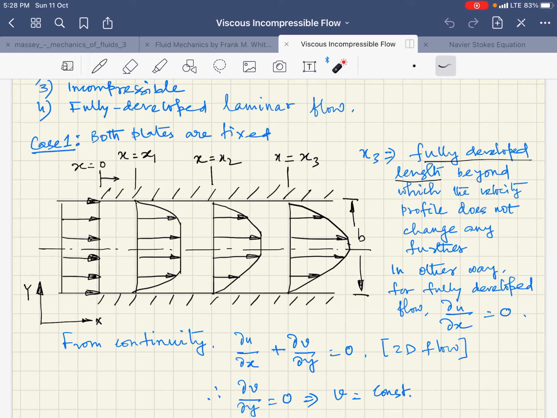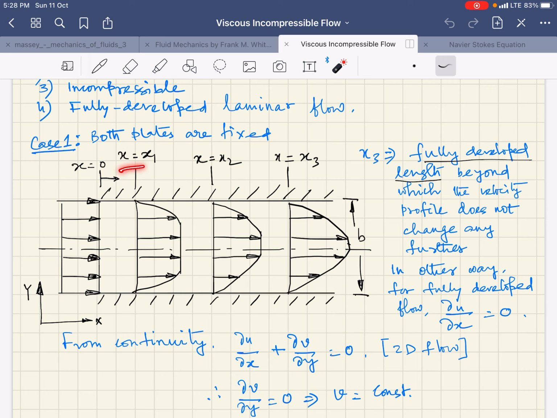So here you can see if x equals 0 is the starting point of the plate, here we can have the velocity profile as uniform. That means you can say that all through this particular distance between the two plates, the velocity is the same, represented by same length arrows.